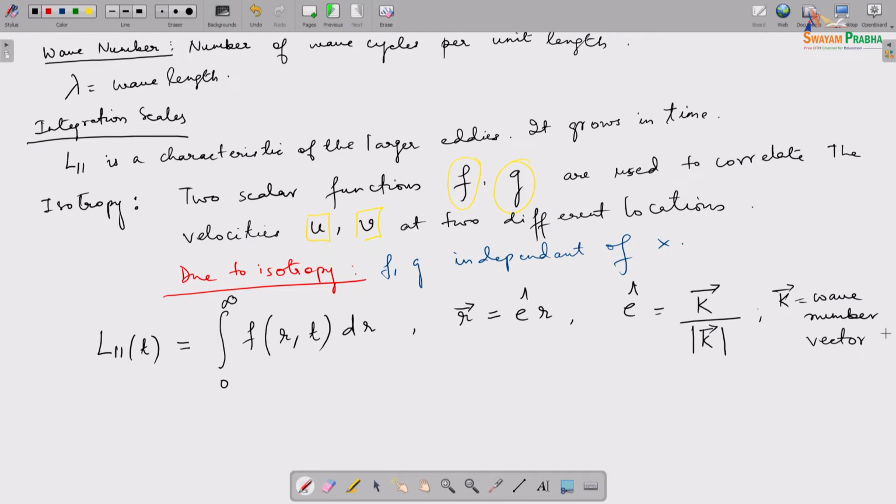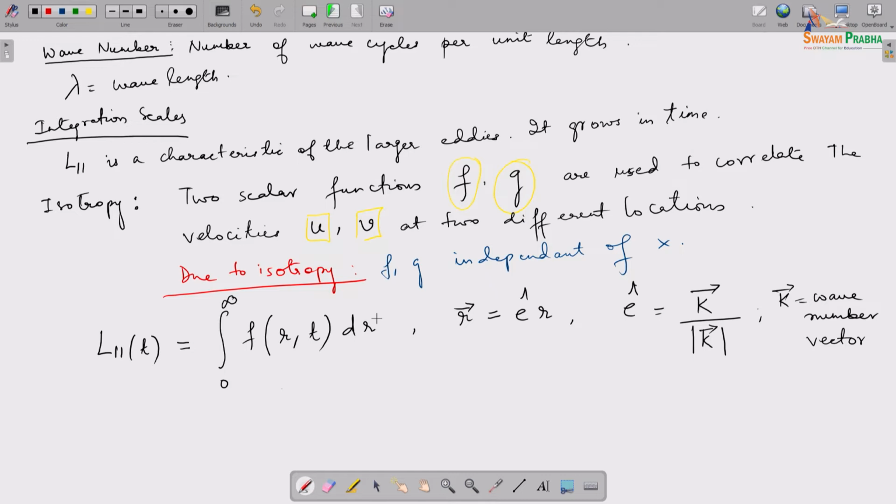This I think we have done earlier. So essentially what I am saying is that this is the length scale I need. We use this f and g to correlate the velocities at two different locations, which are independent of x. So L11 is in the longitudinal direction, where I do this, and that's all.